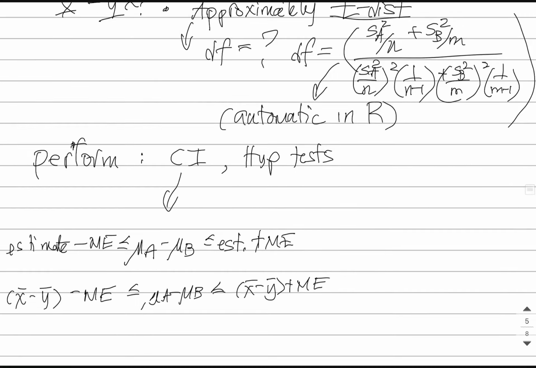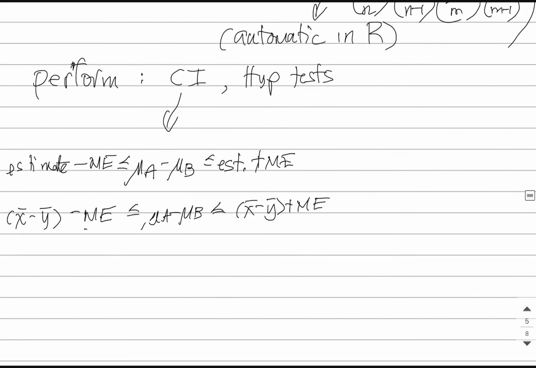Now, the margin of error is going to be constructed by using a critical value, a T star, that corresponds to the confidence level. Now, we need the standard error.